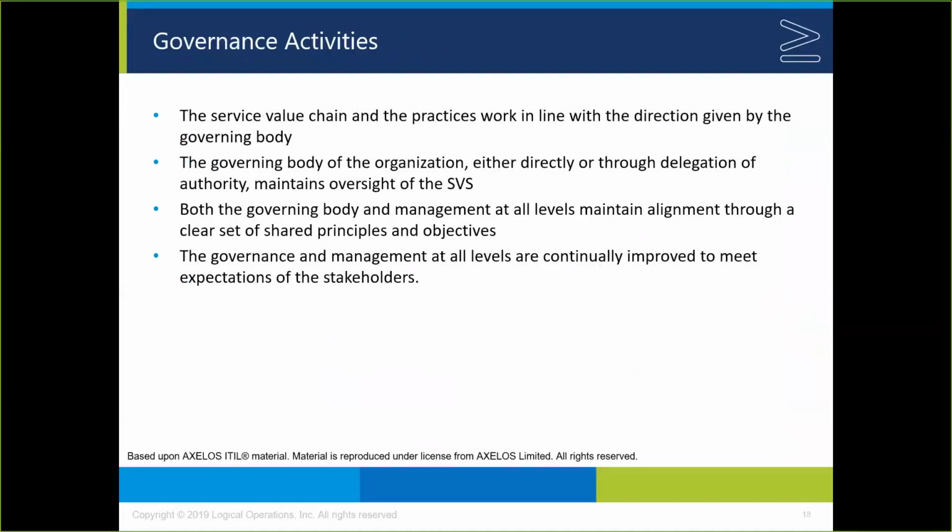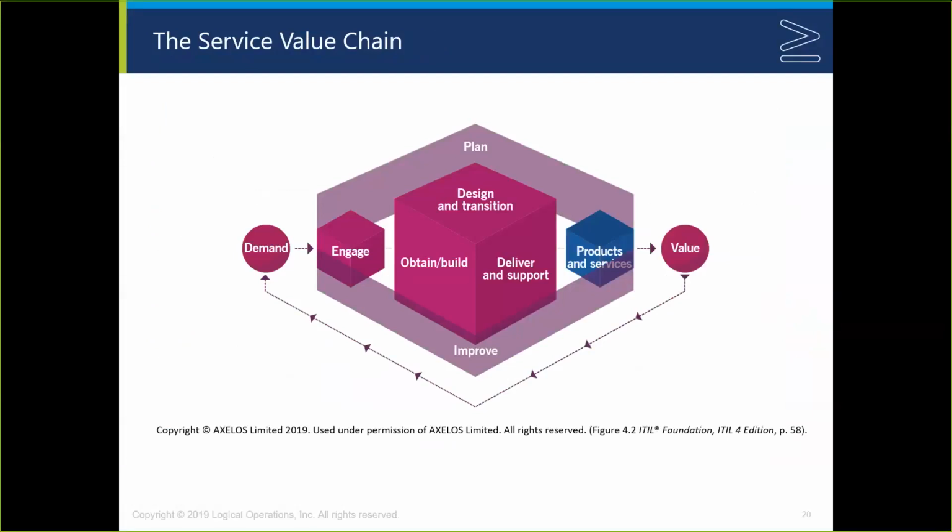And then the governance activities themselves help us identify more specifically how we go and carry out the work, right? If you go back to the original guidance, we think about this in the context of evaluate, direct, and monitor. Evaluating strategic alternatives, directing actions, and then monitoring performance against those things.